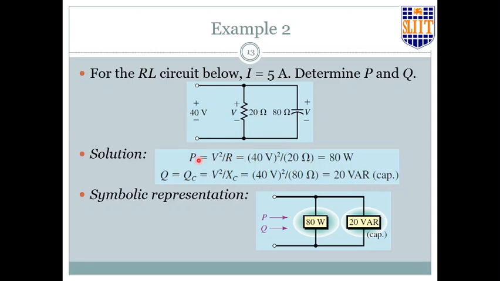So with that you can get P equal to 80 watts, and for Q, the reactive power component, which is this one, V squared over XC, which is 20 VAR capacitive. So the same circuit can be modeled in terms of power, as something that consumes 80 watts of real power and 20 VAR of capacitive reactive power, right? So that's the modeling.